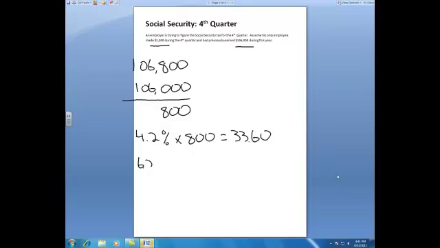Now the employer has the same responsibility but pays a little bit more. You take 6.2%, multiply that times 800, and this is going to give you $49.60 even. So with that total, you're going to add up your total dollars, which will give you $83.20 as your total. And that is how you correctly do the Social Security for the fourth quarter.